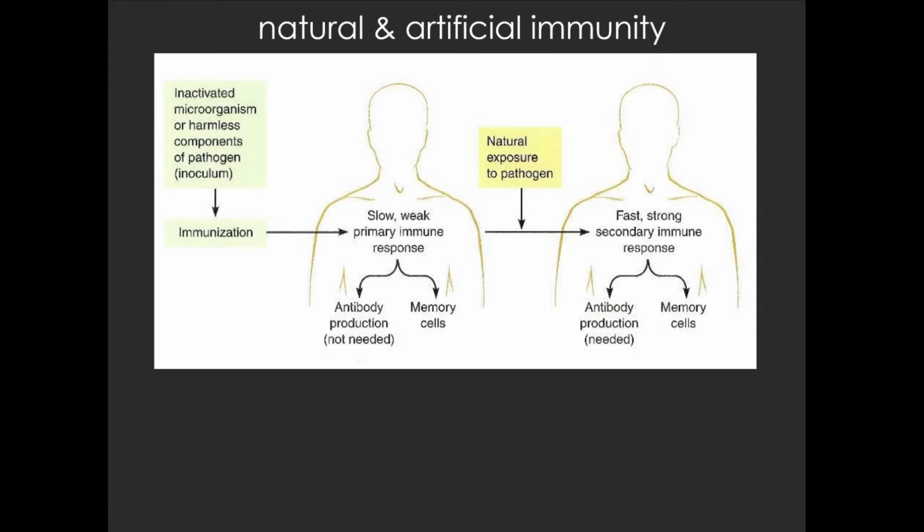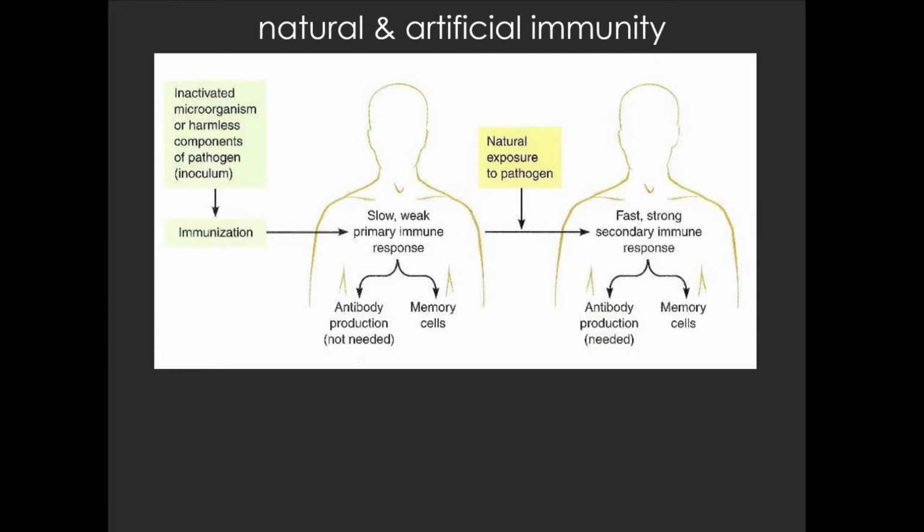What we're looking at here in this diagram is exploiting the natural phenomenon by inoculating people not with a harmful pathogen, but with an inactivated microorganism or harmless component of a pathogen, as what we call an immunization. So an immunization is the inoculation of a person with a weakened or harmless component of a pathogen in order to generate an immune response, in order to teach the immune system about that pathogen.